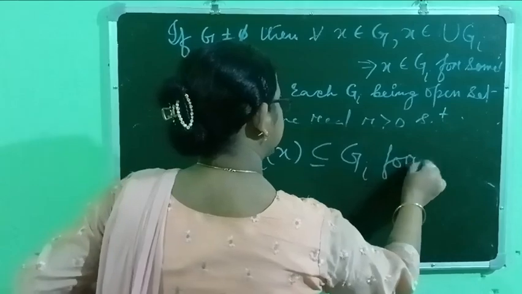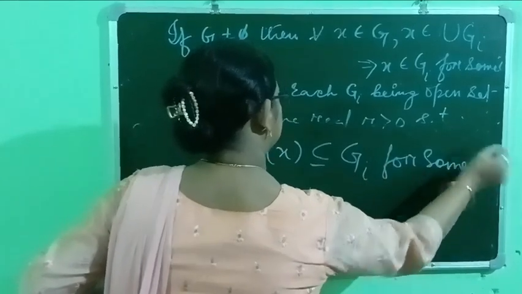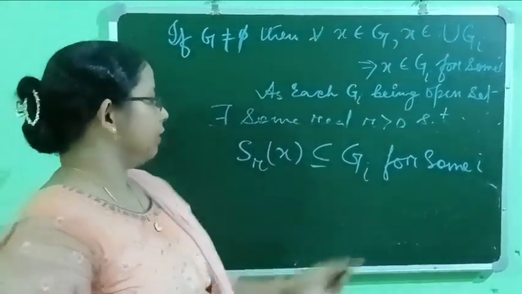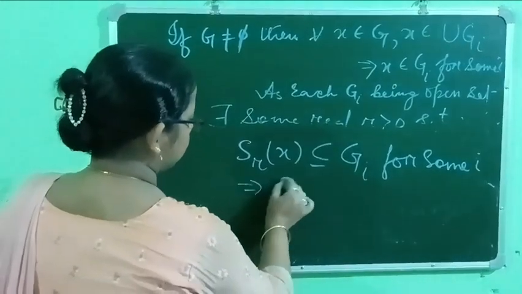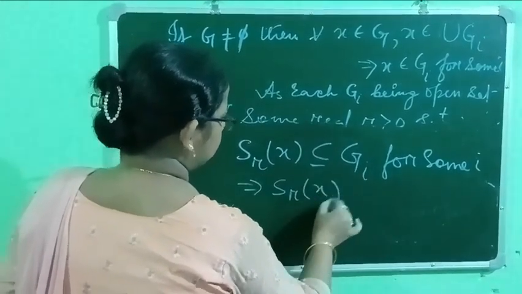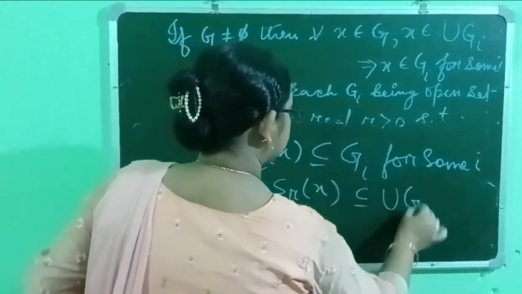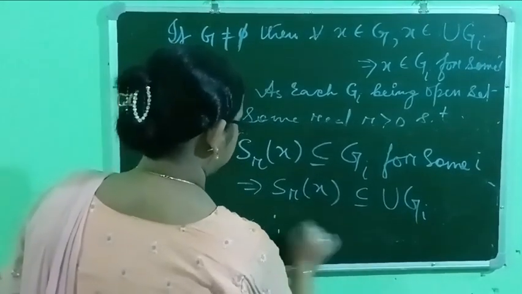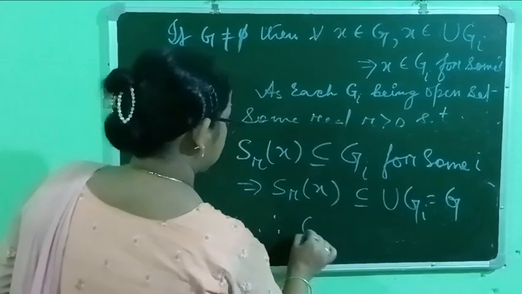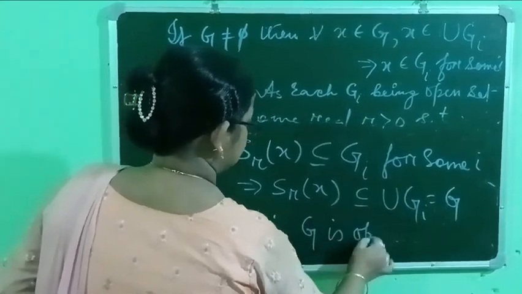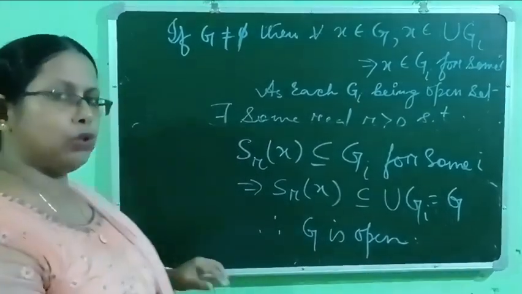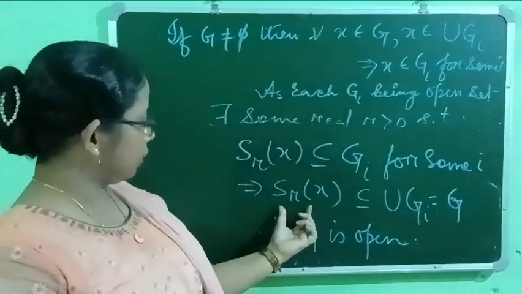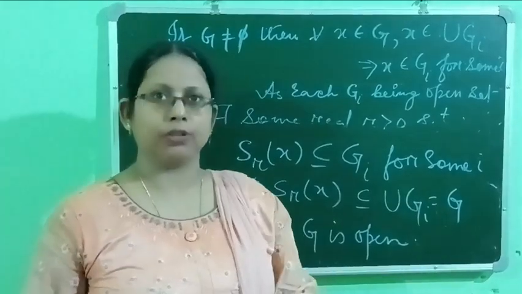If S_r(x) is contained in some Gi, then S_r(x) is contained in the union of Gi. Therefore G is open. That means arbitrary union of open sets is open, because for any x in G, I will get some open sphere that is contained in G.